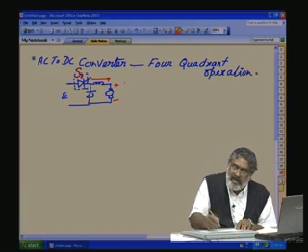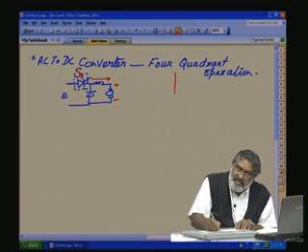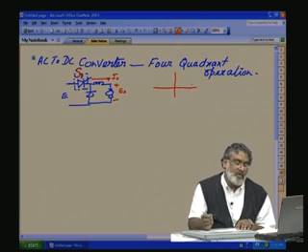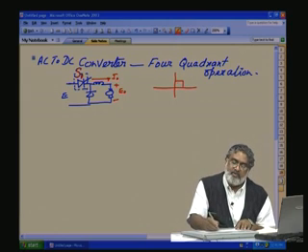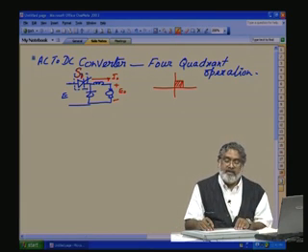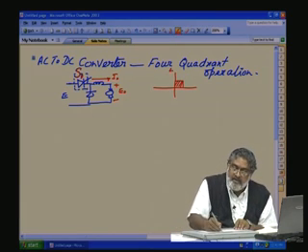So, if you see the power diagram, that is E0 versus I0, let us say load current I0, only one quadrant is possible, single quadrant operation. This is E0 and this is I0.